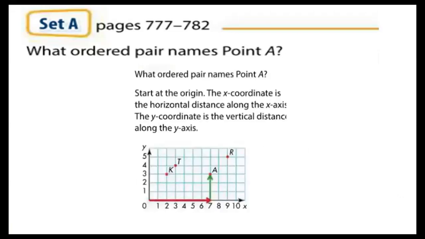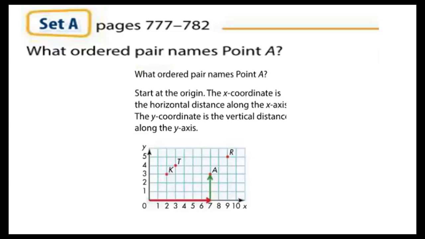Start at the origin. The x-coordinate is the horizontal distance. This is the first concept.